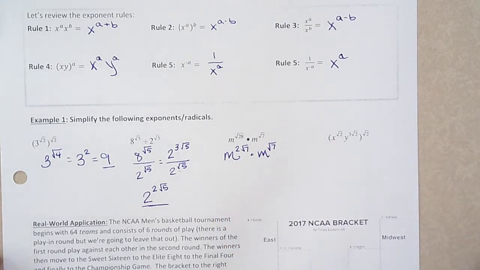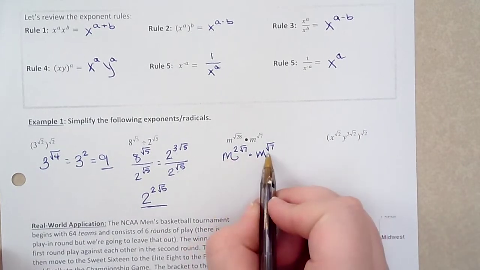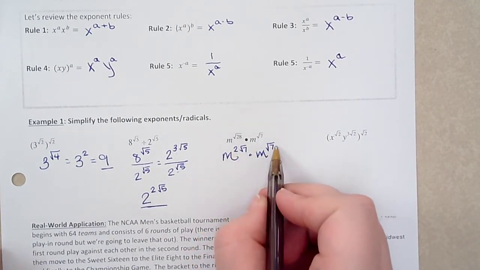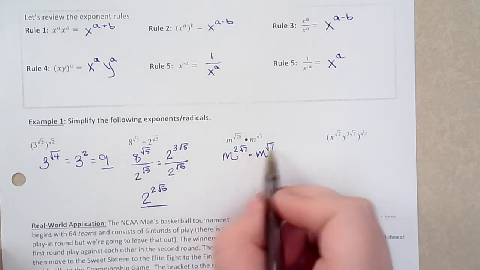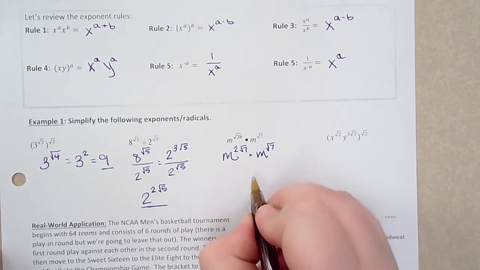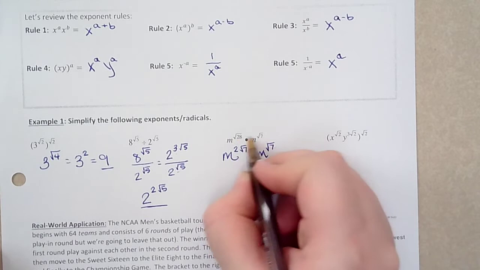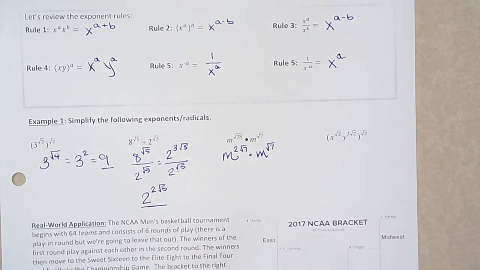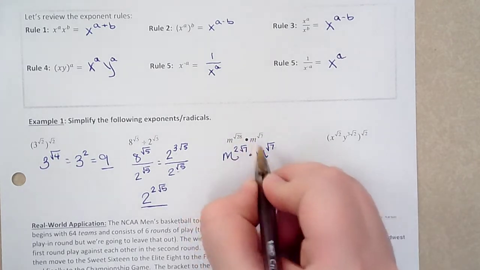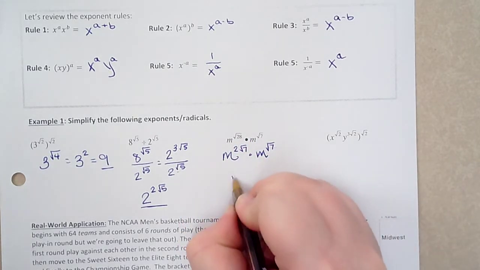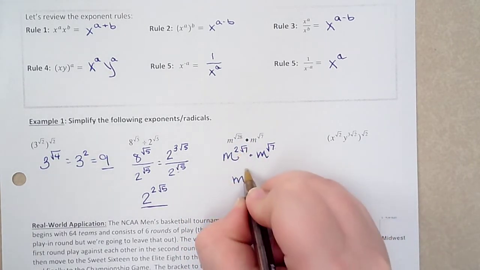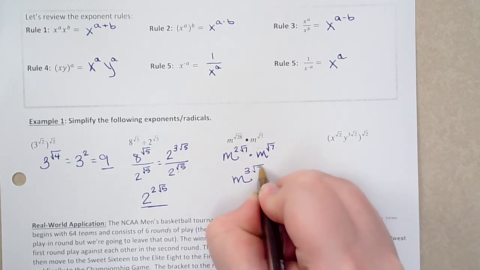Simplifying that just makes it a little bit easier because now when I multiply them, I'm just adding the exponents, and adding 2 root 7 and 1 root 7 becomes 3 root 7. I couldn't add them before because they were not like terms. They didn't have the root 7 on top. So it becomes m to the 3 root 7.